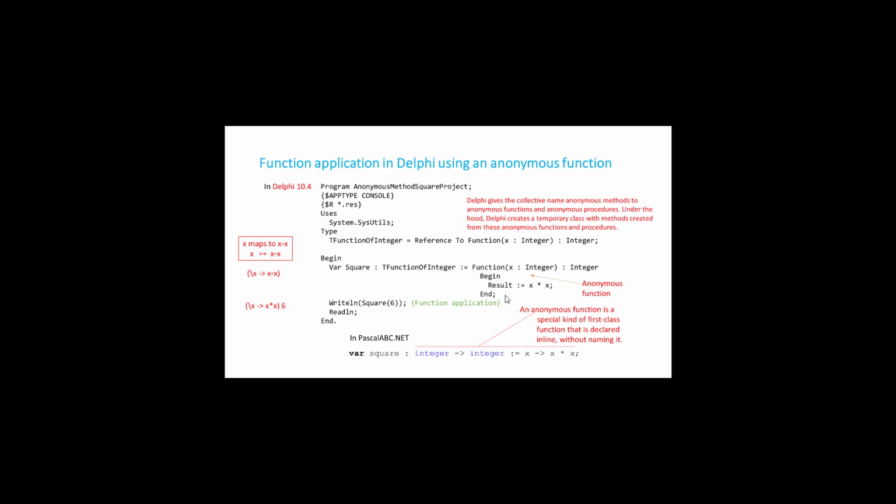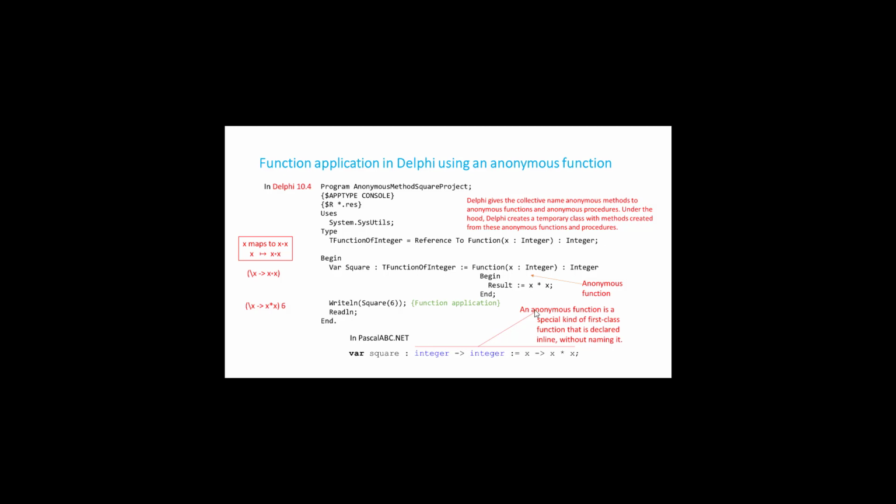So this is known as an anonymous function because it's unnamed. Delphi actually has anonymous functions and anonymous procedures, and it collectively refers to them as anonymous methods because under the hood Delphi creates a temporary class with class methods created from these anonymous functions, or anonymous procedures.